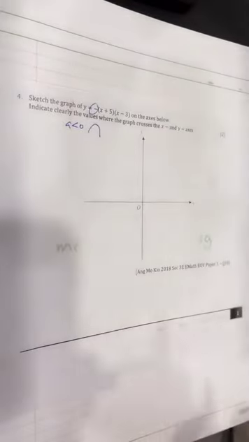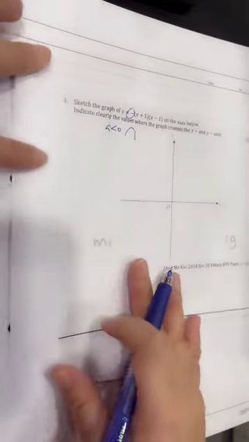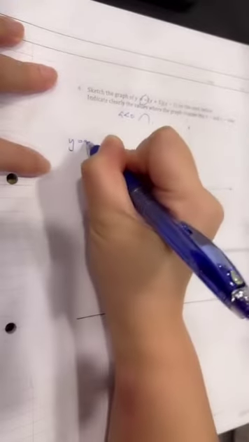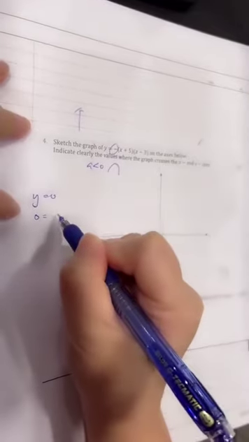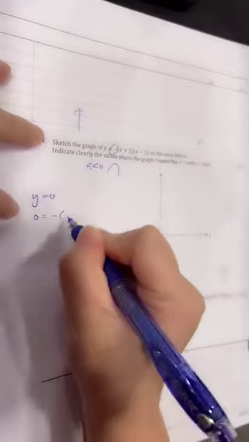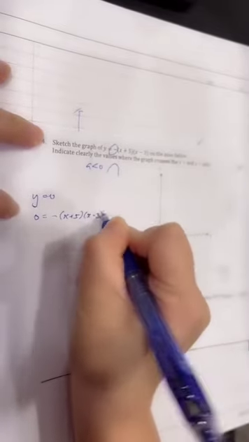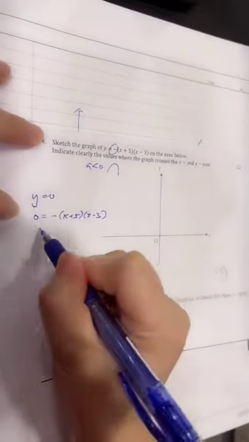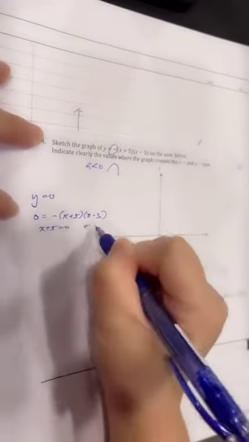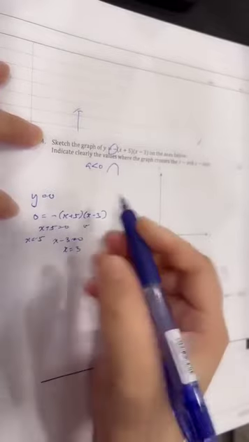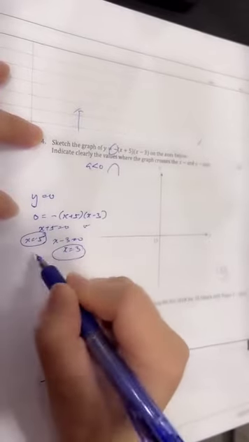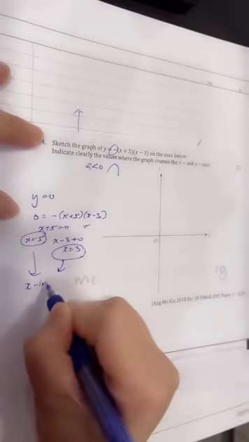Next, I want you to sub in y equals 0. So you will have 0 equals minus (x plus 5)(x minus 3). In the end, I will have x plus 5 equals 0 or x minus 3 equals 0. I have x equals minus 5, x equals 3. These are called the x-intercepts.